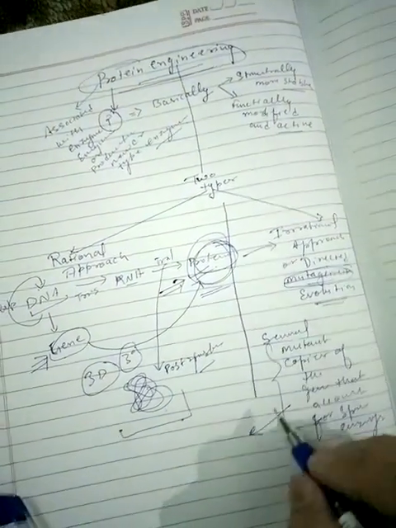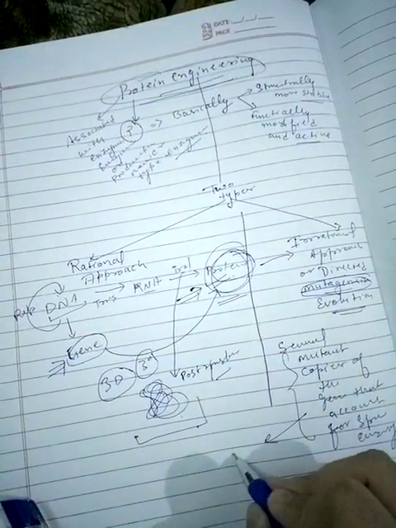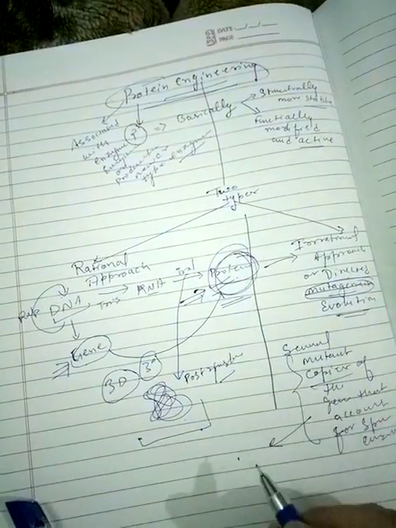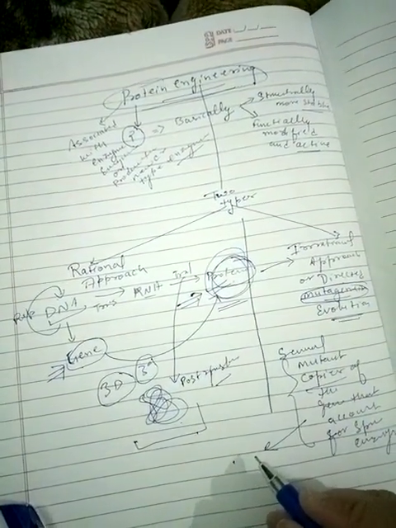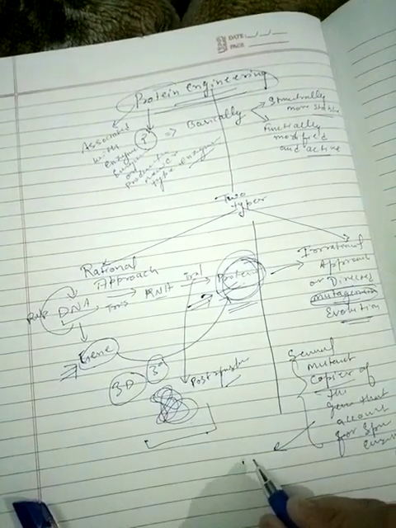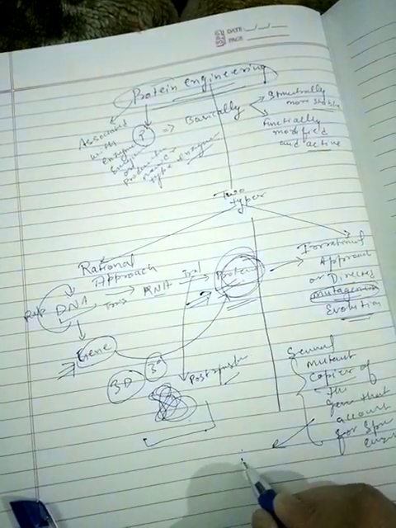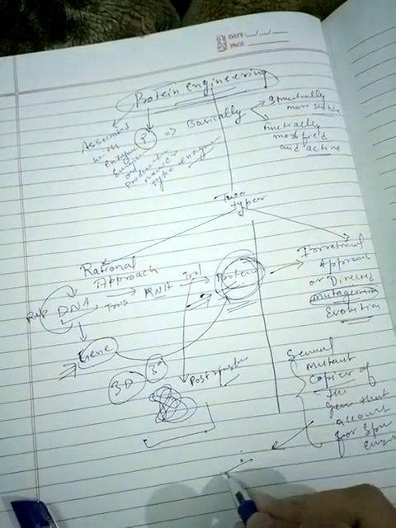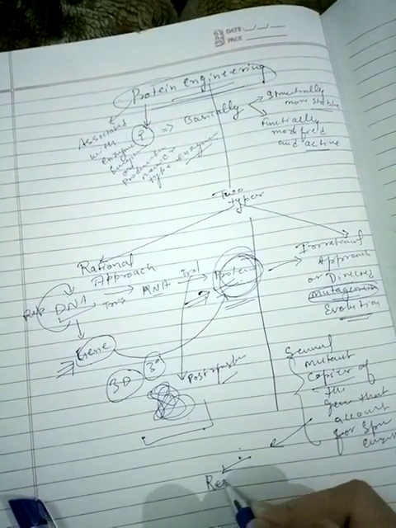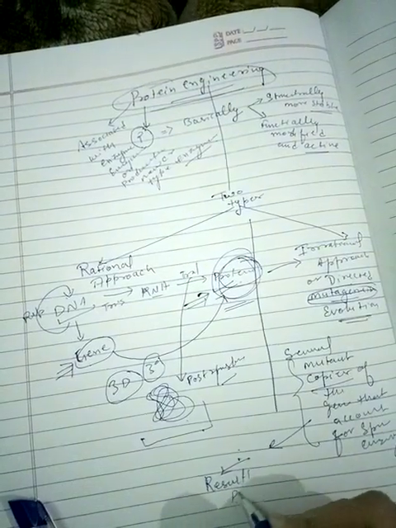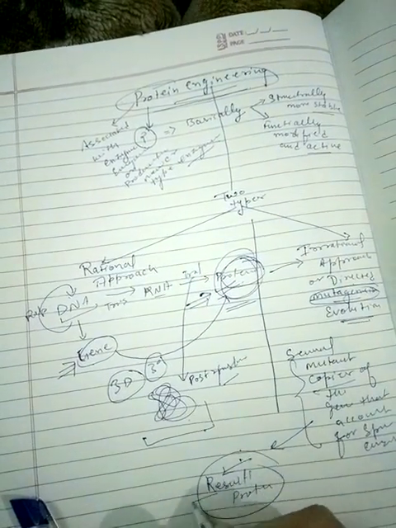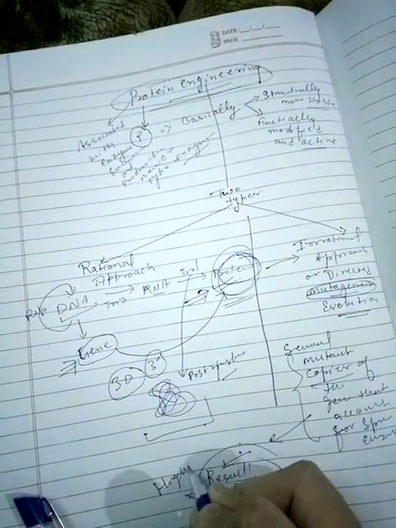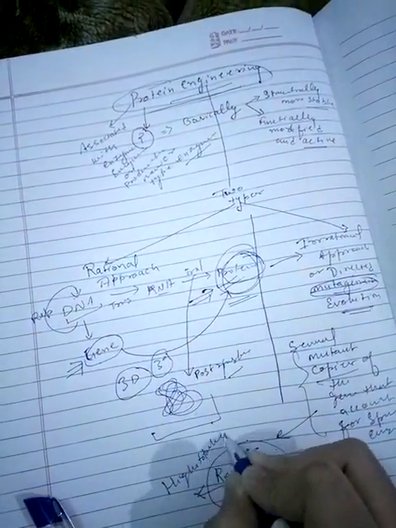Once we make billions or trillions of copies of this mutant cloned gene, we try to express them and get the result in the form of protein, and after this we have to go for high throughput screening.